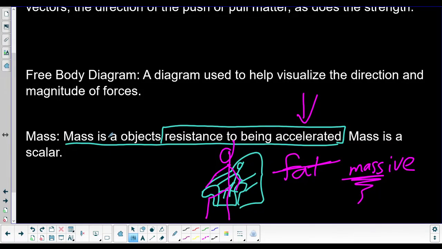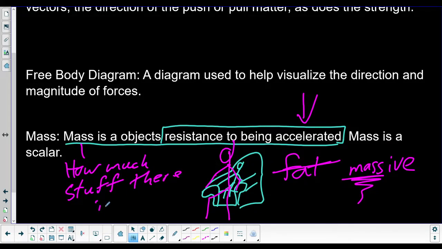So mass, in chemistry, they like to say it's like how much stuff there is. And then they kind of put quotes around stuff, right? It's how many atoms there are. But really, it's not a number of atoms. That would be like a mole, right?